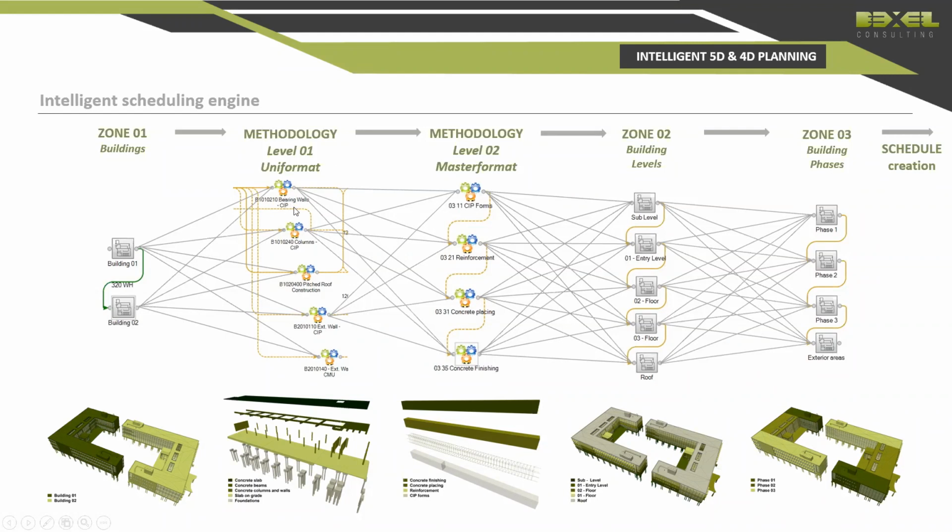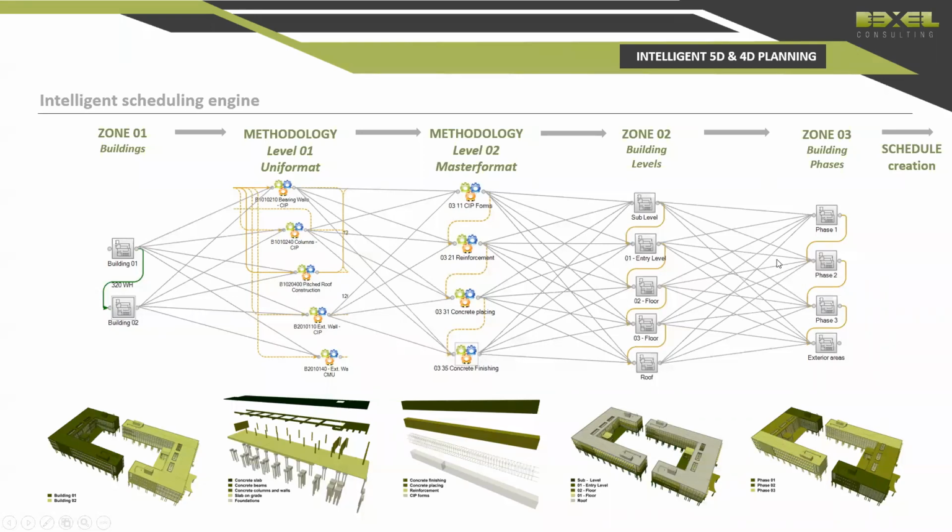What it means in this case, if we had, for example, these 5 cost items for the tasks, adding these 5 zone levels, automatically we're going to have 25 tasks in the schedule created by the engine. If we added an additional zone, it means we're going to have 5 multiplied by 5 levels and then multiplied by 4 phases.